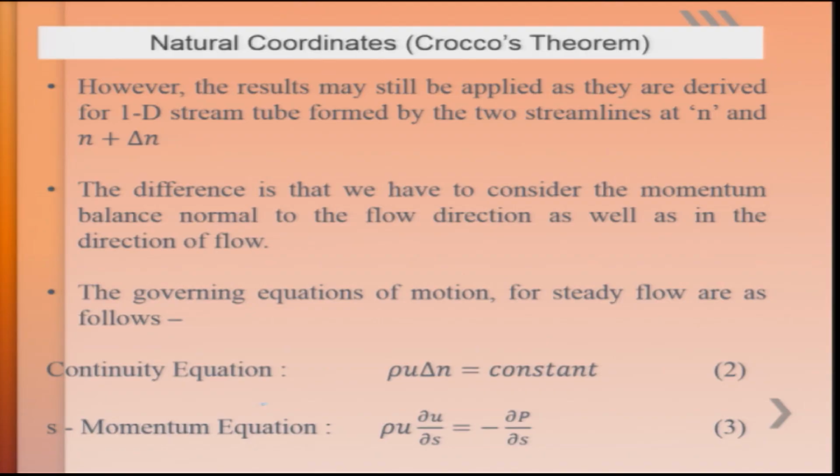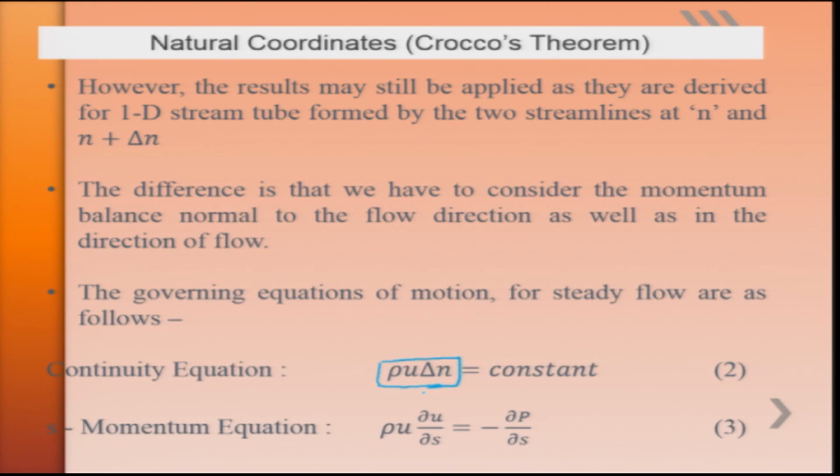Now rewriting the continuity equation and momentum equation in curvilinear coordinate system, what we can essentially directly write for a steady inviscid non-conducting adiabatic flow is that the continuity equation can be written as rho u delta n per unit width, that is perpendicular to the paper, is constant because mass is conserved, and that is meant by the continuity equation.